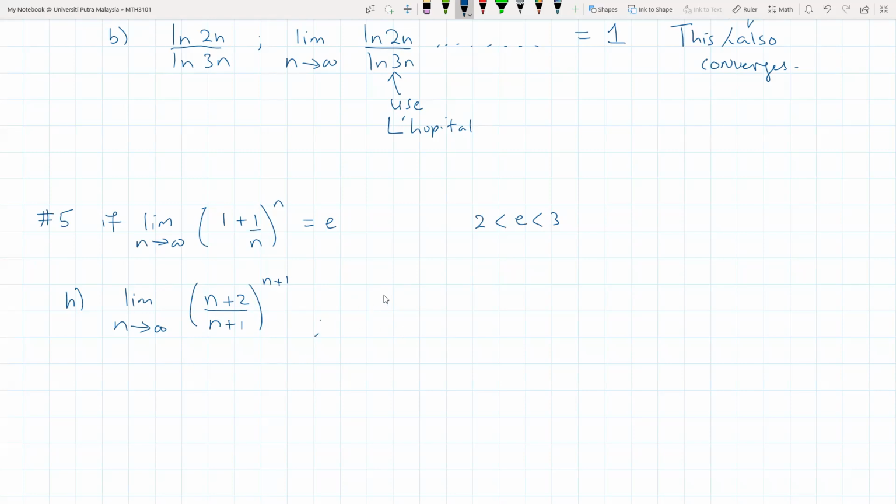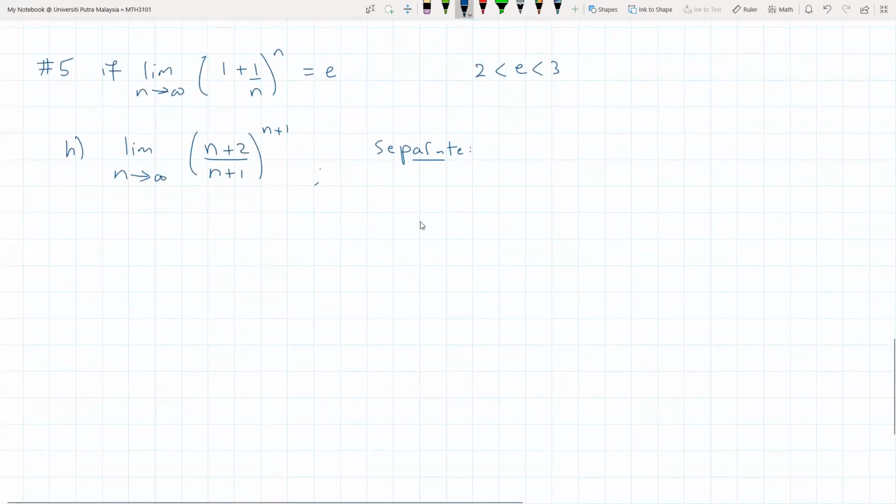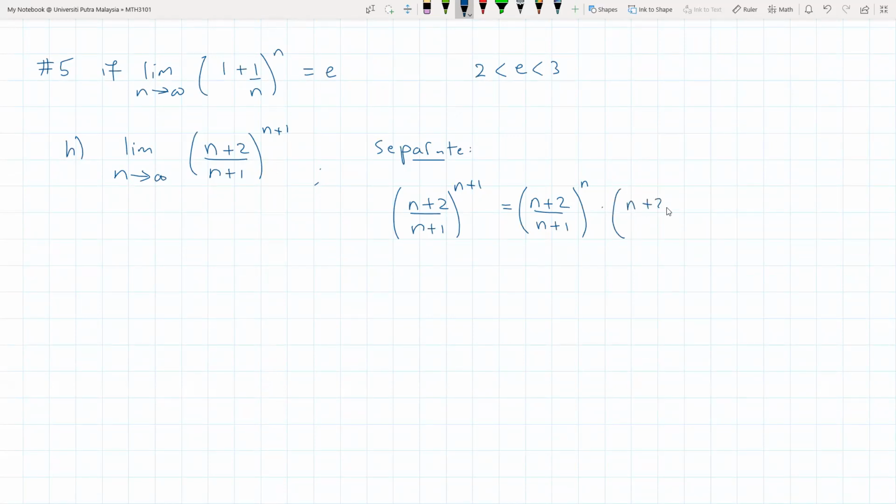In a separate problem, if we take (n plus 2 over n plus 1) to the power of n plus 1, this is just equal to taking the 1 outside: (n plus 2 over n plus 1) to the power of n, times (n plus 2 over n plus 1) to the power of 1.